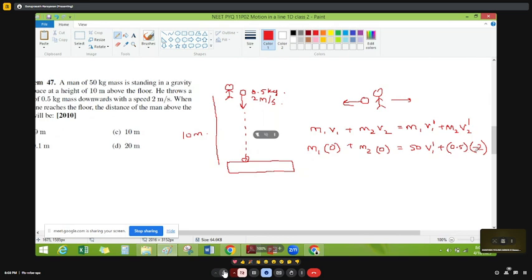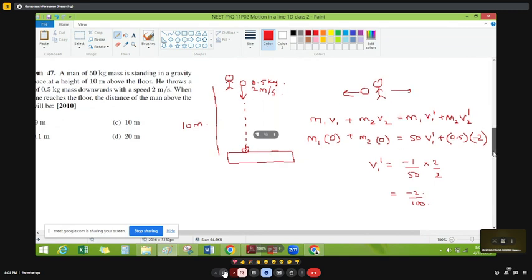So minus 1 divided by 50. So that means it is going to be minus 0.02 meter per second.